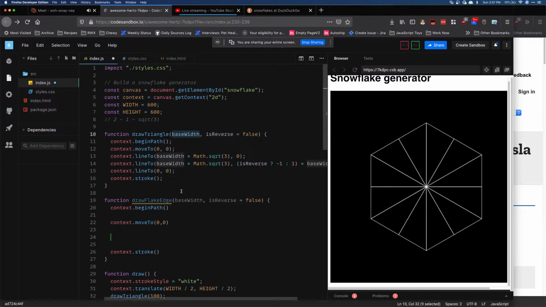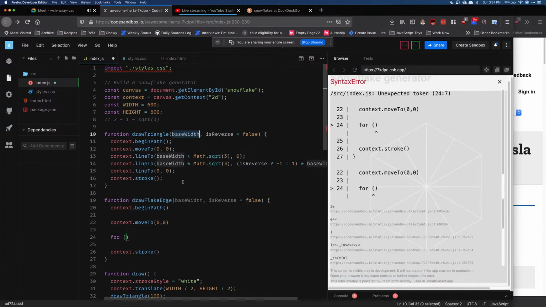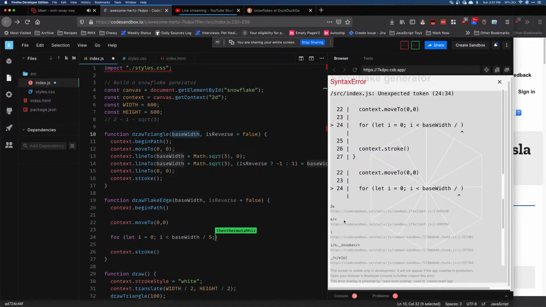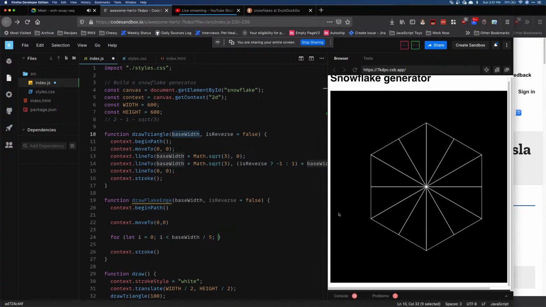So I guess that still is base, whatever that number is. So let's say for let i equal 0, i is less than base width divided by, let's say we divide it into 5 sections. And then i plus equals 5.